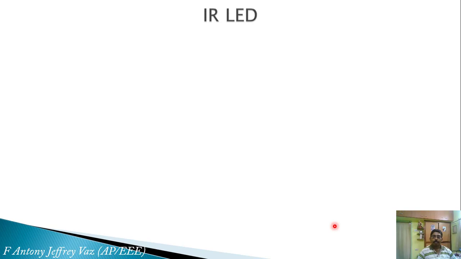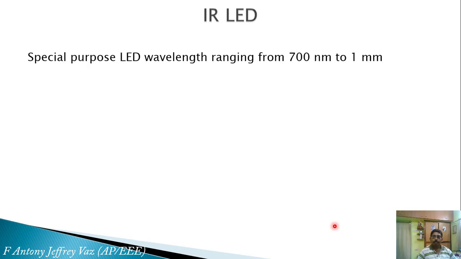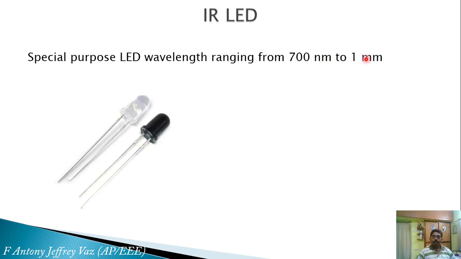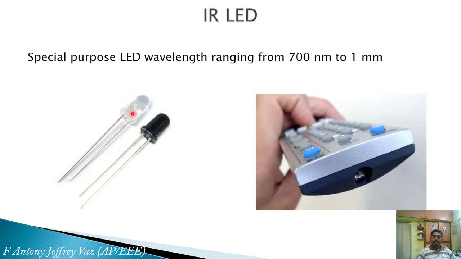Let's move to infrared LED. These are special purpose LEDs which have a wavelength of about 700 nanometer to 1 micrometer. This is the LED. This white color LED and the black color LED are both the same. These are IR LEDs. You can see these IR LEDs in your remote control.